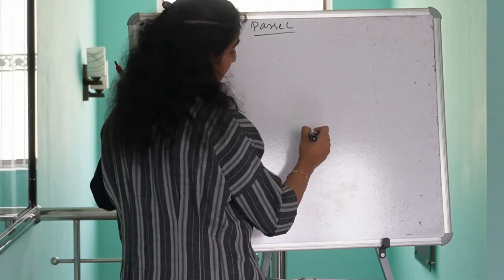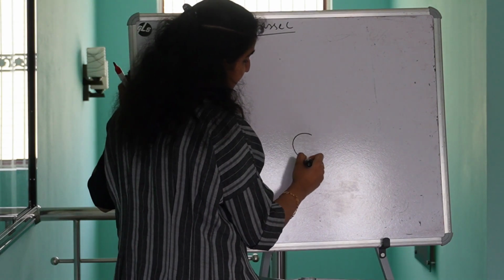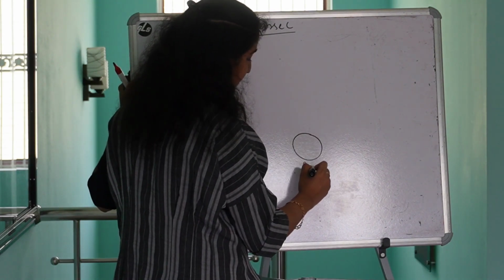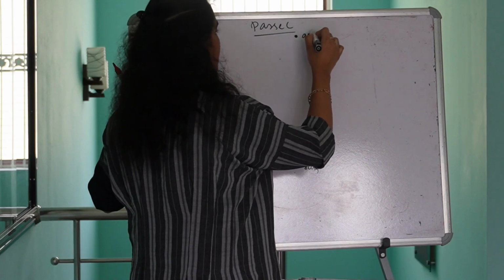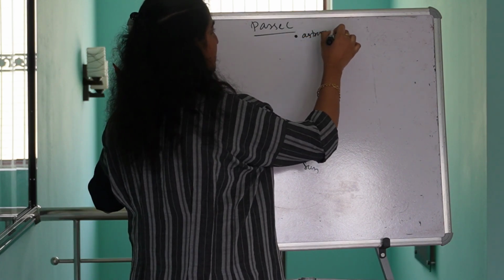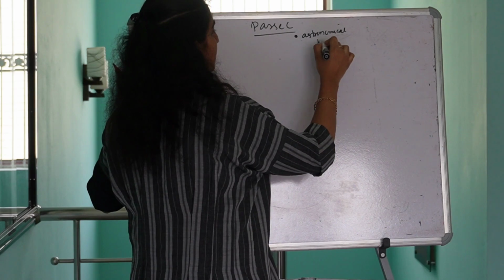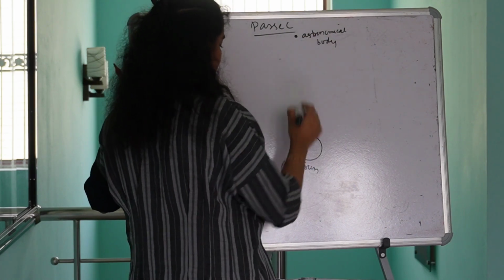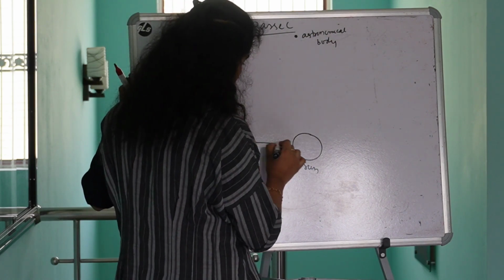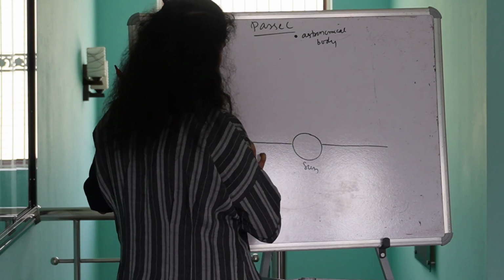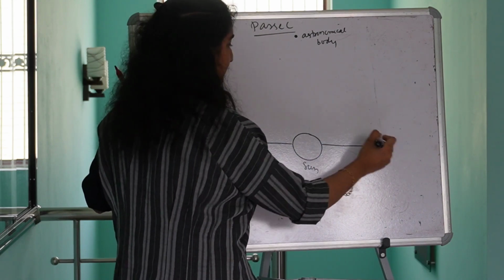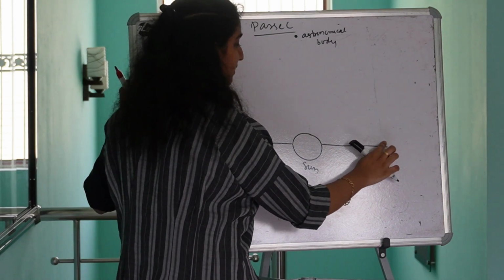So let me represent it diagrammatically. This is the sun and this is the astronomical body, any astronomical or celestial body. I am viewing this astronomical body from the earth's surface like this.